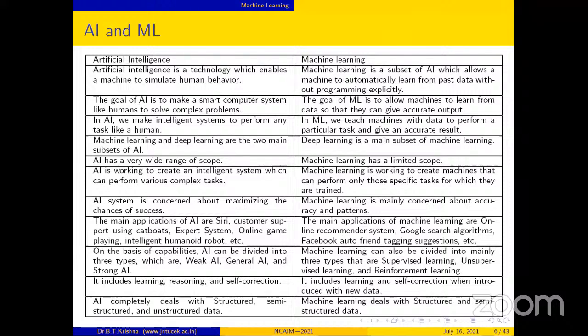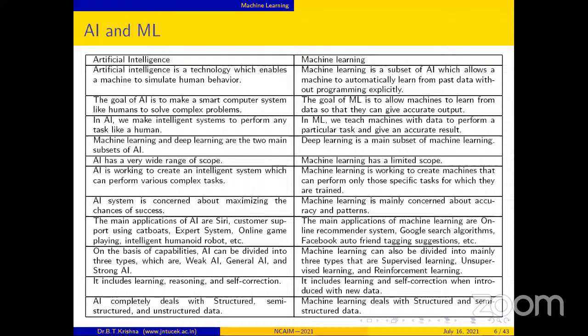I told you that robots and self-driving cars are examples of artificial intelligence. But in case of machine learning, we will teach machines with data to perform a particular task and give an accurate result. That means machine learning has a limited scope, whereas artificial intelligence has a large scope of applications.